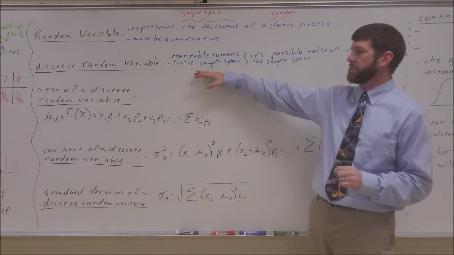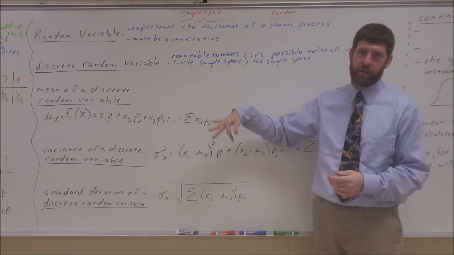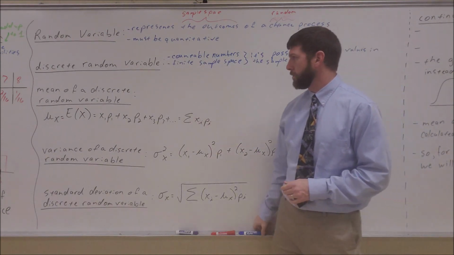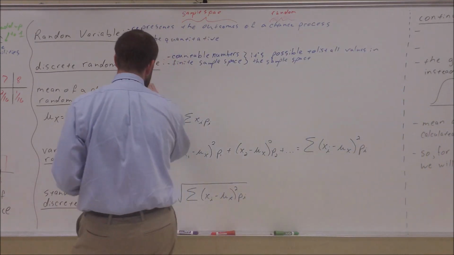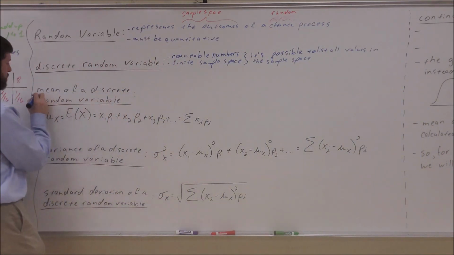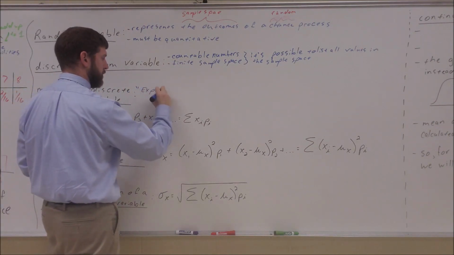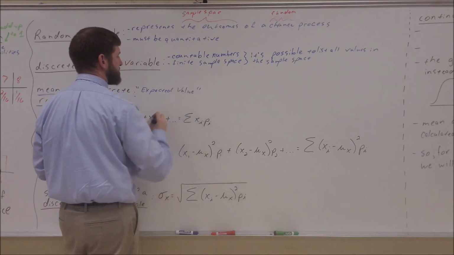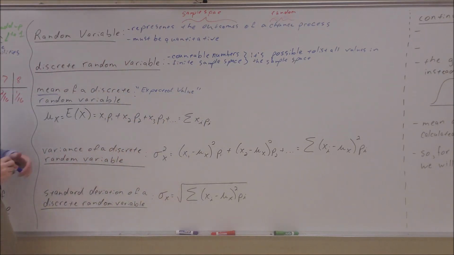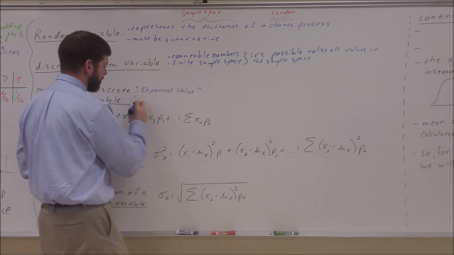All right. So with quantitative data, we like to describe with summary statistics like means, variance, and standard deviation. So what do we mean by the mean of a discrete random variable? Mean, you'll also hear referred to as expected value. So whenever somebody mentions expected value, they're just talking about the average of the distribution.